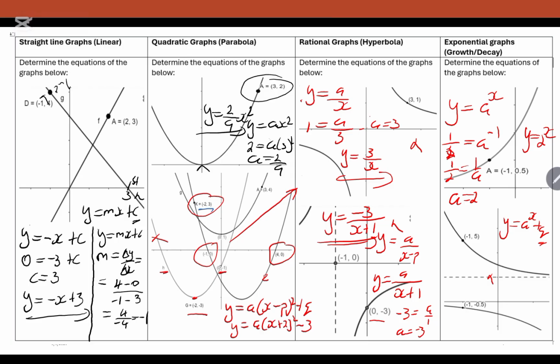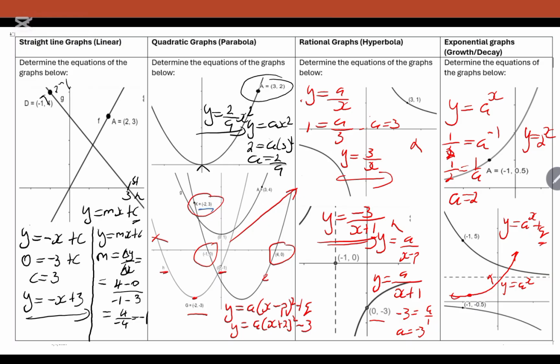When we look at the one at the bottom, it is the exponential graph that was a growth function and has been reflected about the x-axis. So the growth part of it goes like that. So this will be y is equal to a to the exponent x. And therefore, when it gets reflected, it changes.